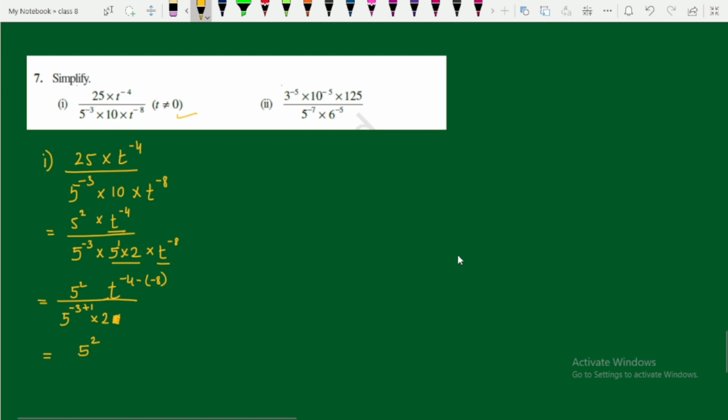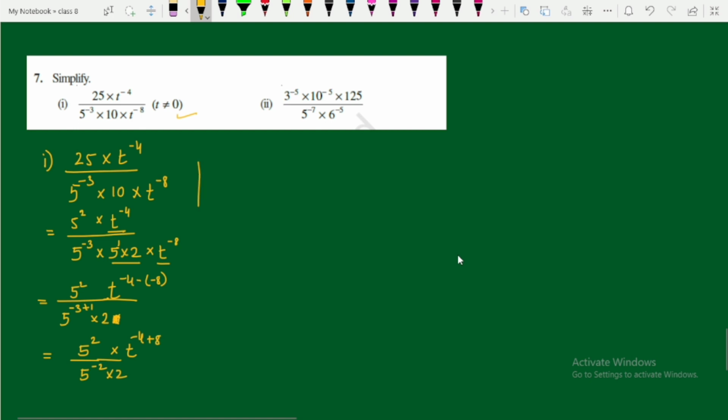Now the next step: 5 square upon 5 raised to minus 2 into 2 in the denominator, and in the numerator t raised to minus 4 minus of minus plus 8.